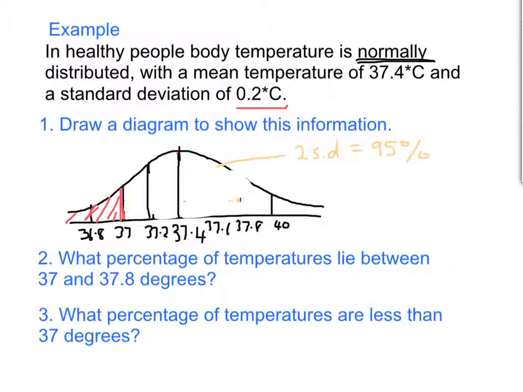I know this half of the graph is 50%, and I've taken off 2 standard deviations, which is 47.5. So I'm left with 2.5%. From your other percentages you can see that for the red shaded area, the temperature being less than 37 degrees, there's a 2.5% chance.